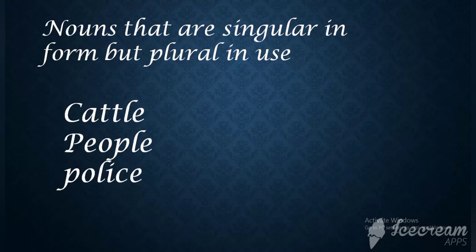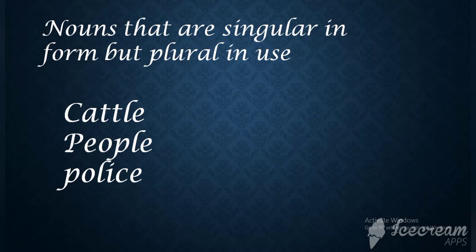The nouns that are singular in form but plural in use. See here, in these words it appears singular because there is no s at the end, so often we mistake them as singular nouns, but they are not singular. Cattle, we have already studied this, right?